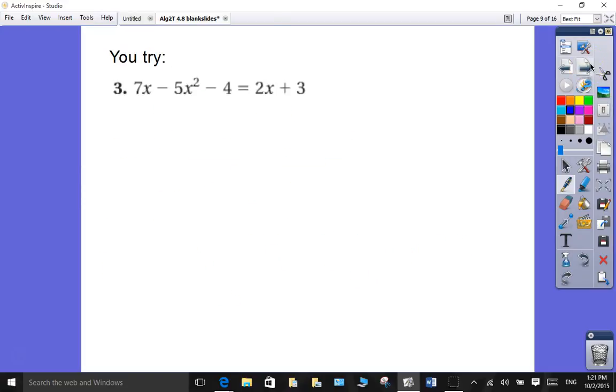So you try that one. Again, you can get these all on one side, either by putting them on the right or on the left. I'm going to get them on the right so I have more positives than negatives. I think that works out. So I'm going to subtract 7x, add 5x squared, and add 4.